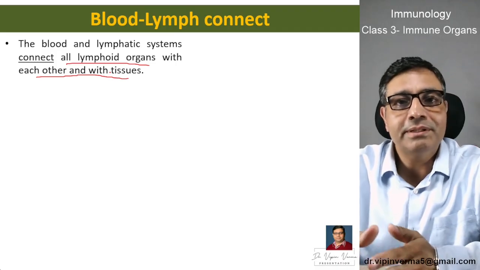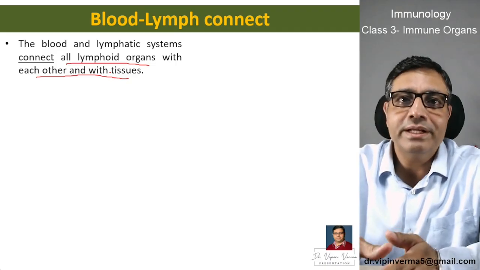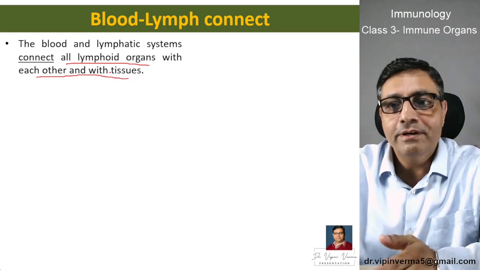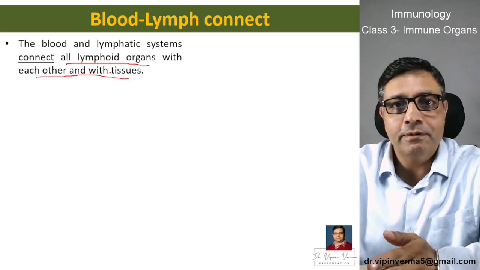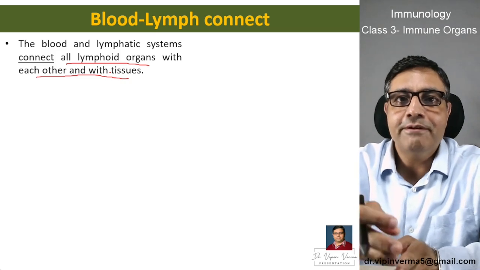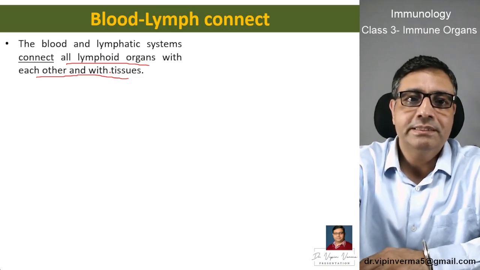The blood vascular system and the lymphatic system don't work solo, they work in coordination, and the lymph can flow from the lymphatic system and merge with the blood, and from the blood the plasma can come to the lymphatic vessels.